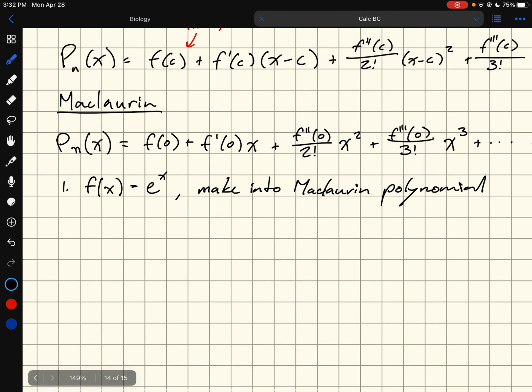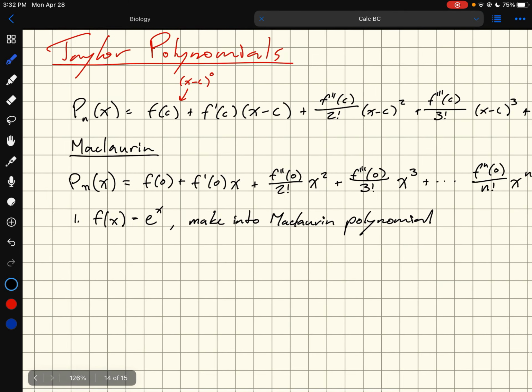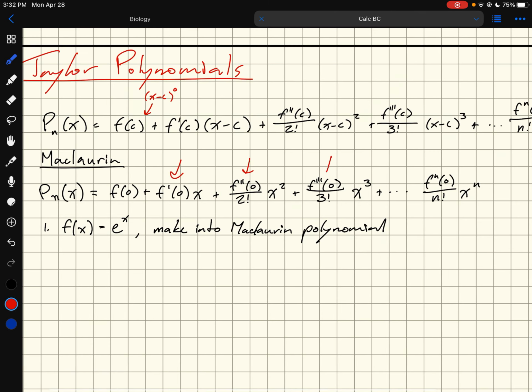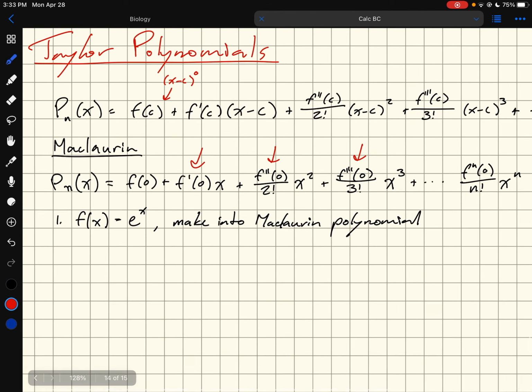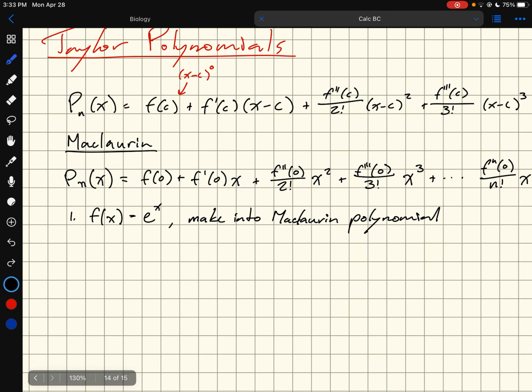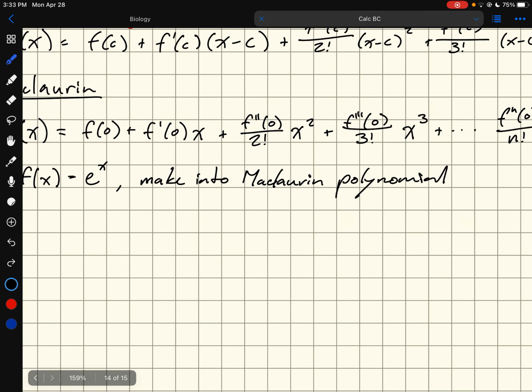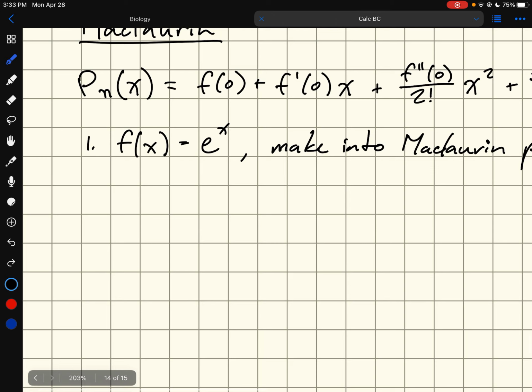The Maclaurin polynomial and Taylor polynomial all have derivatives of f in each term. So we're going to take a series of derivatives of f and see where that takes us for right now. I'll write it over here.